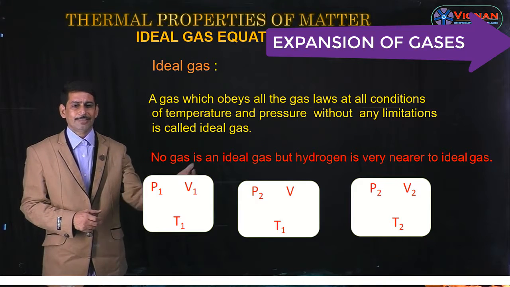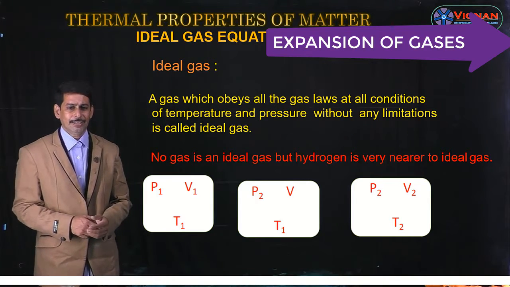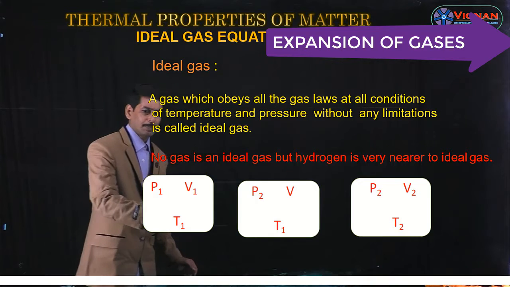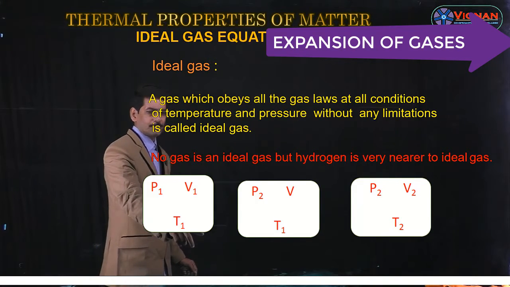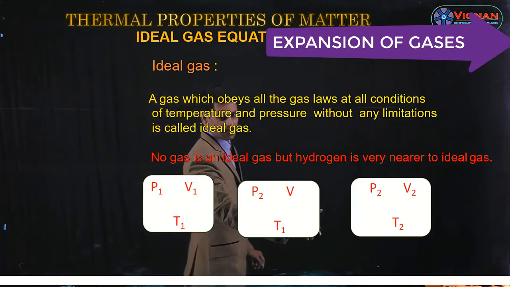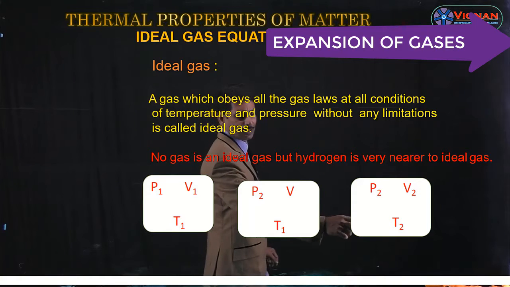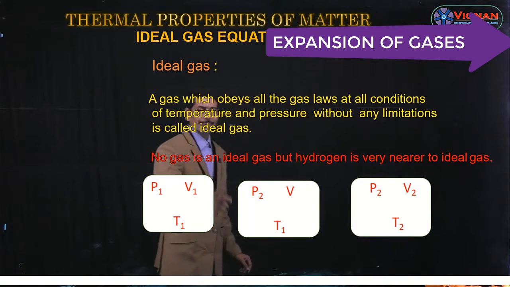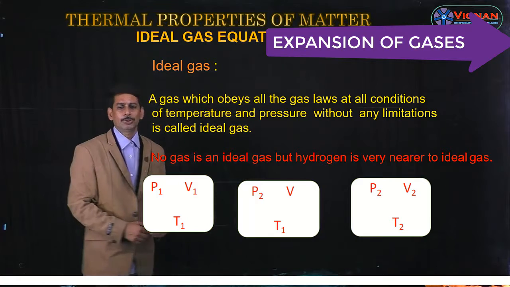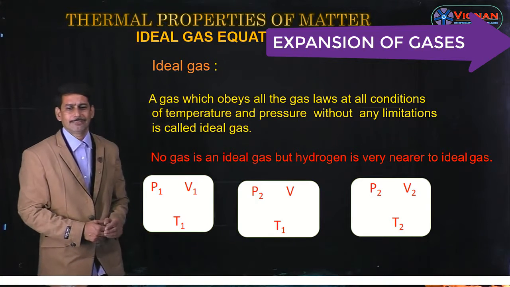So from the diagram we can clearly identify: in the first stage the pressure is P1, volume is V1, absolute temperature is T1. In the second stage the pressure is P2, volume is V2 and absolute temperature is T2. And in the intermediate state, the pressure is P2, volume is V and absolute temperature is T1 respectively.